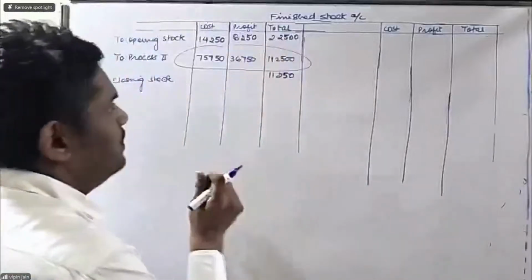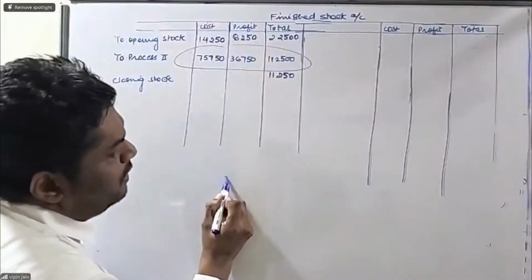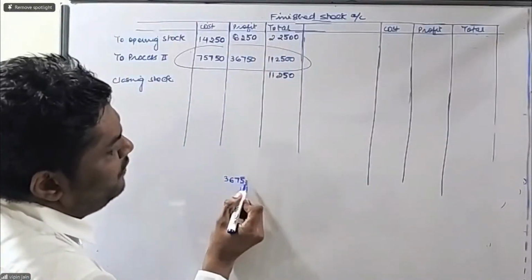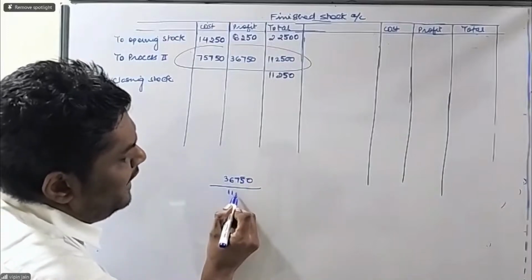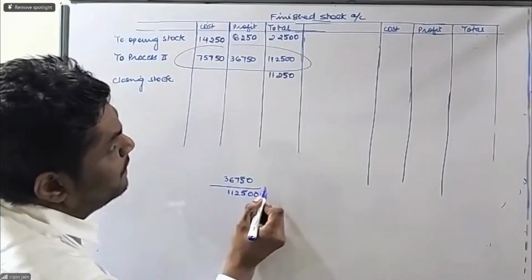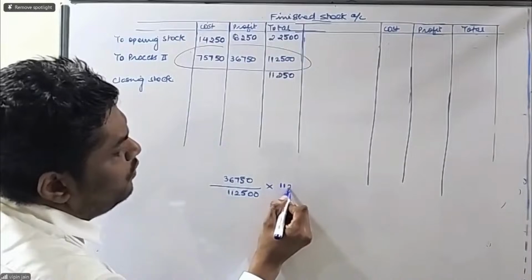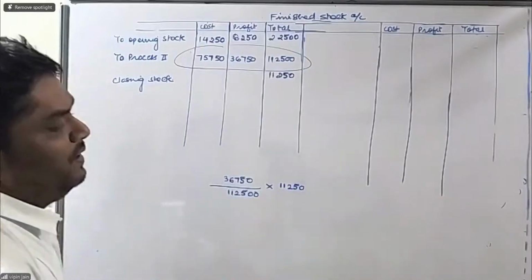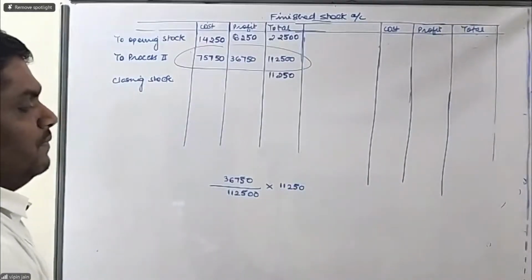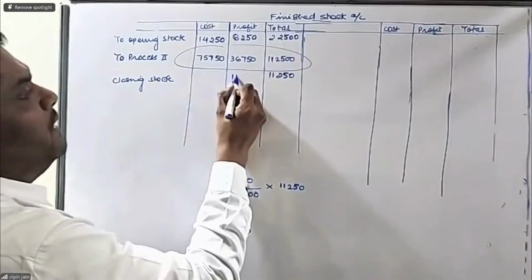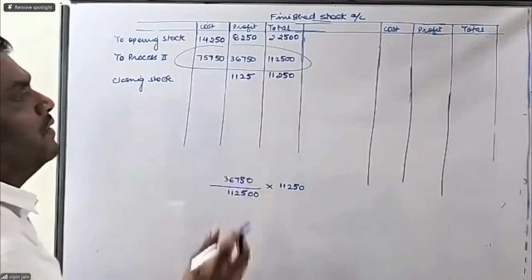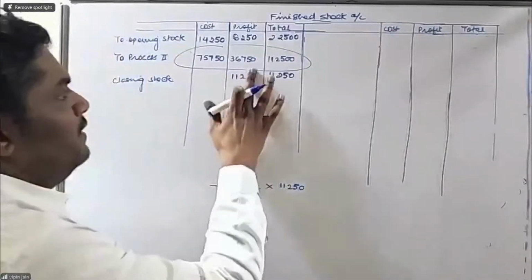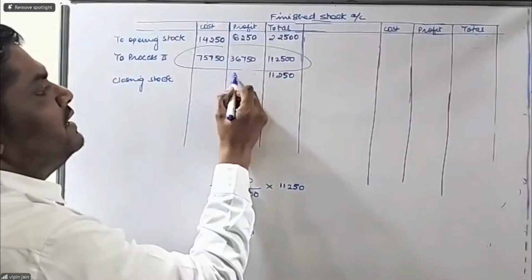First in, first out. So here 36,750 is my profit on 1,12,500. So on 11,250, how much will be my profit? So my profit will be 3,675.